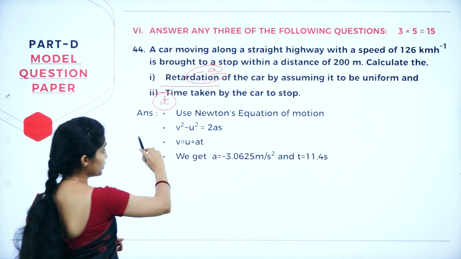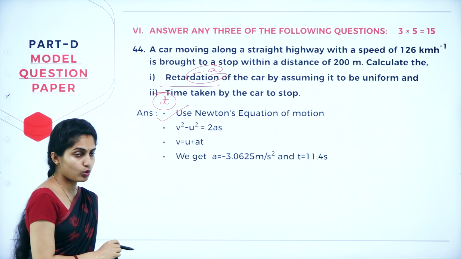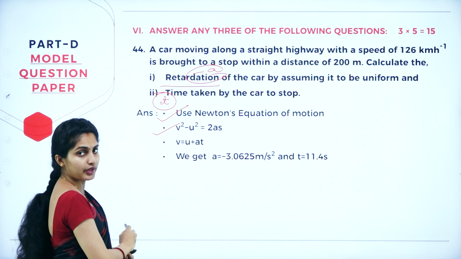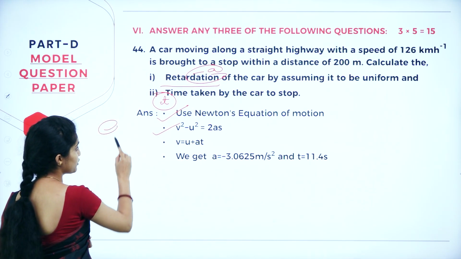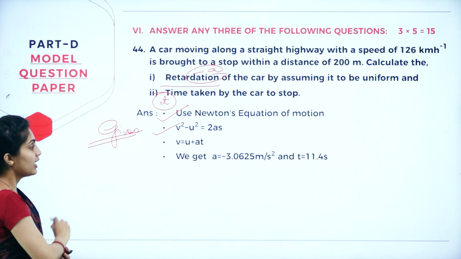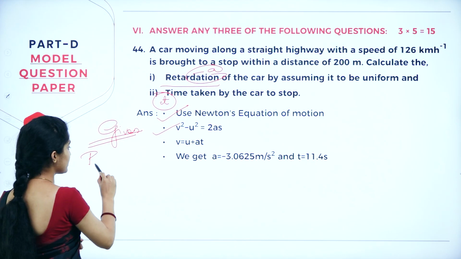For that, use Newton's equation of motion, that is v square minus u square is equal to 2as. Before all this, you have to write the given terms by reading the question. Okay.